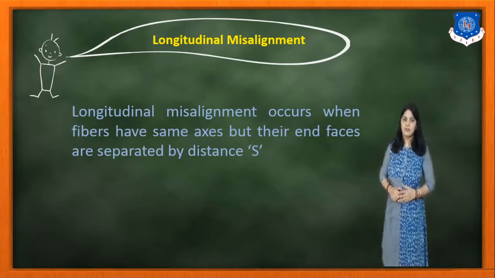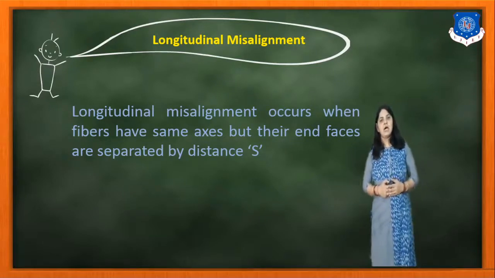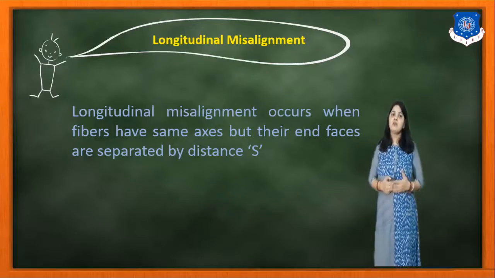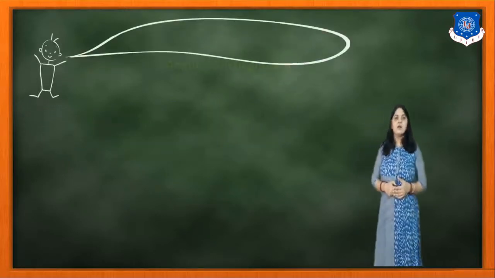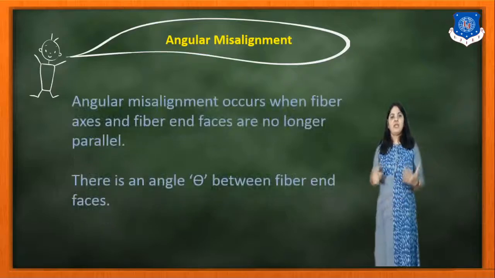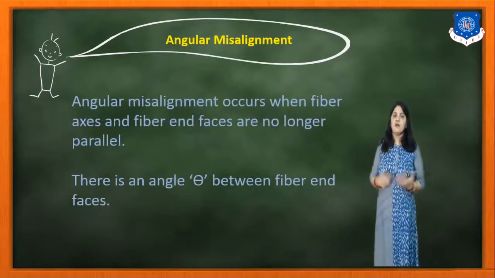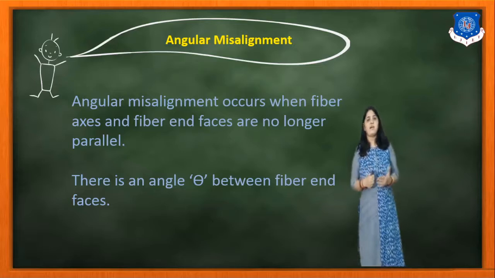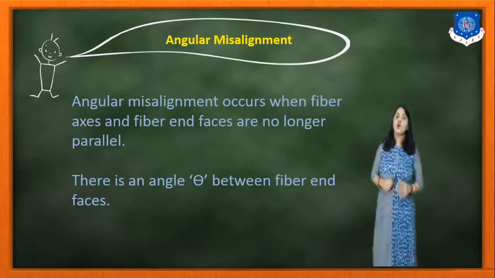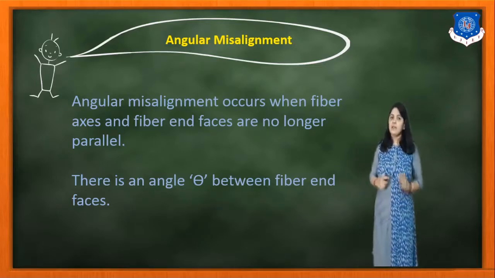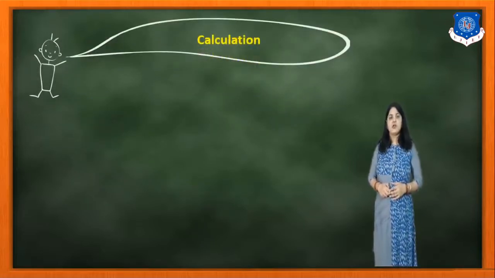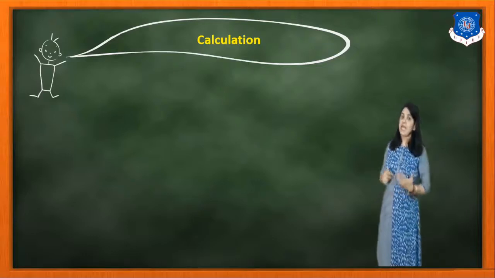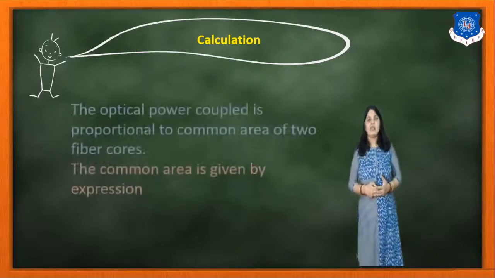Longitudinal misalignment occurs when the fibers have the same axis, but their end faces are separated by a distance s. Angular misalignment occurs when the fiber axis and the fiber end faces are no longer parallel, with an angle theta between the fiber end faces.